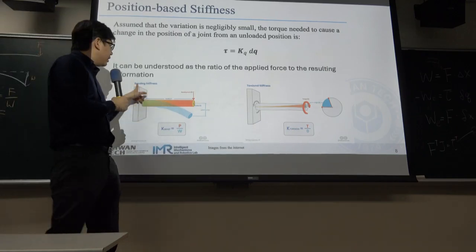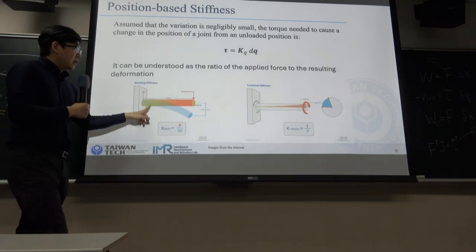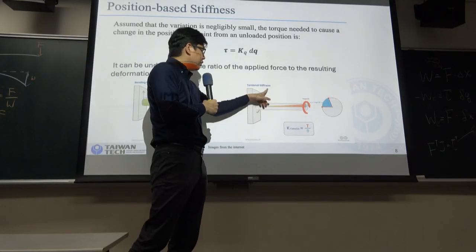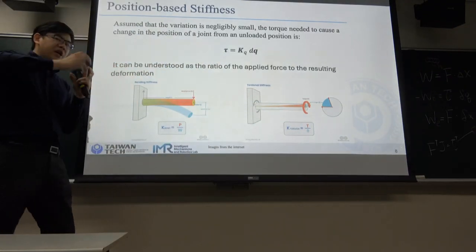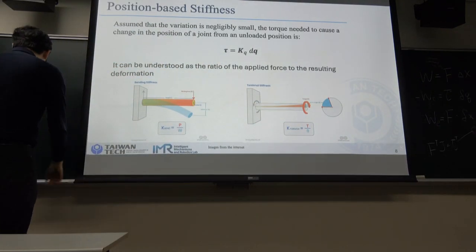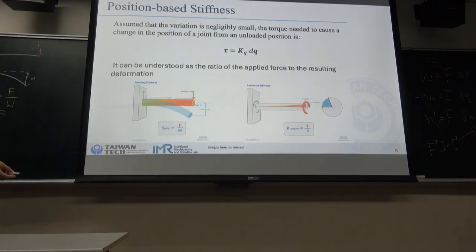So this is the bending stiffness. And another one is the torsional stiffness. Torsional stiffness means the rotation. This is the normal one. If we apply a torque, then maybe it will become like this.